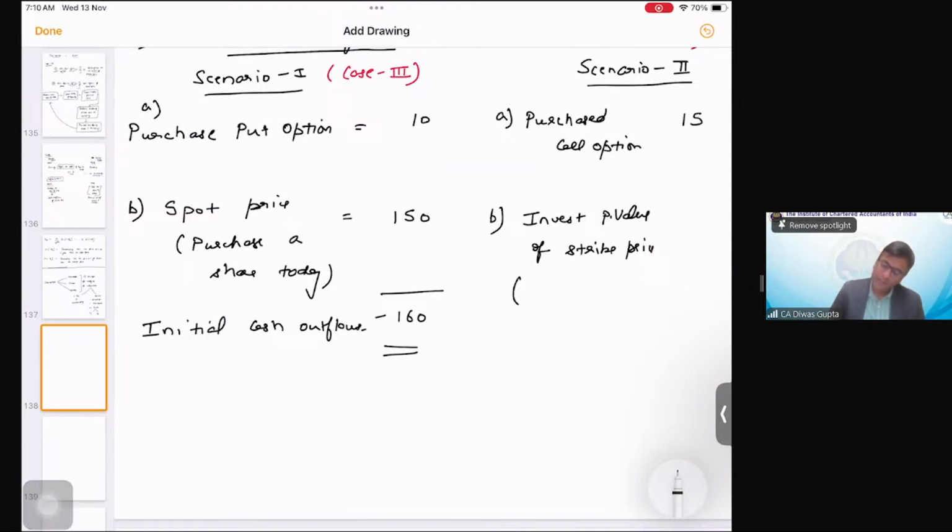which will be calculated how? 180 is the strike price. After 1 year, the strike price is going to materialize. So the present value as on today will be 180 divided by 1 plus R, which is 20%. So it becomes 150.